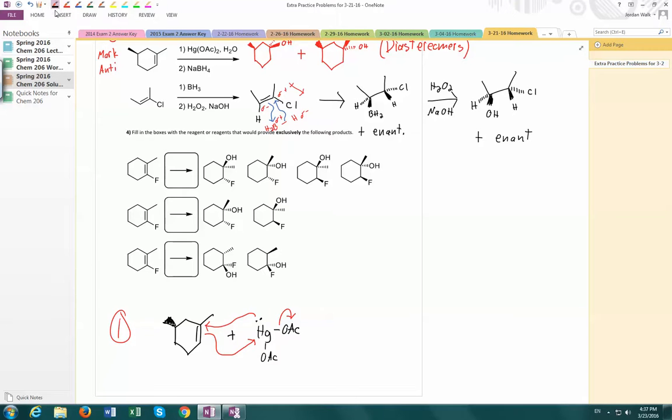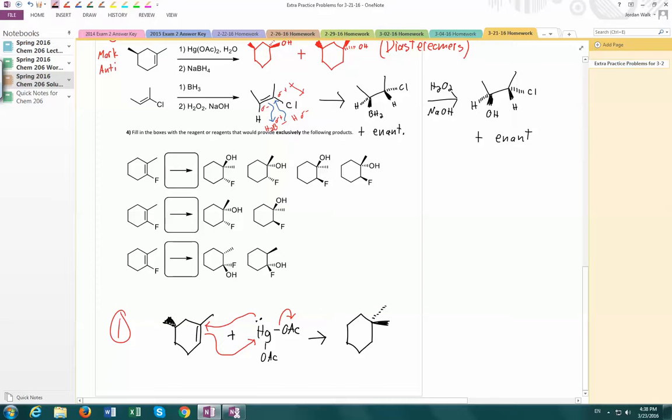So this initial addition of the mercury to the pi bond, is that a syn or anti addition? Not the ultimate stereochemistry, but this first step, is this going to add syn or anti? It adds syn, right? It's all happening at the same time as we form this mercury 3-membered ring, and so we're going to end up with a structure. Let's attack from the front face.